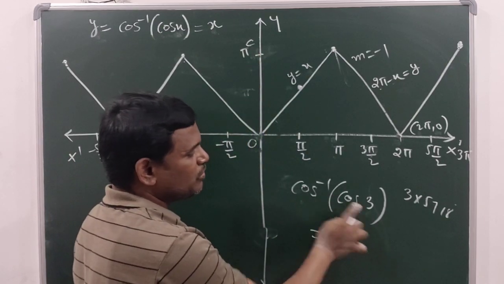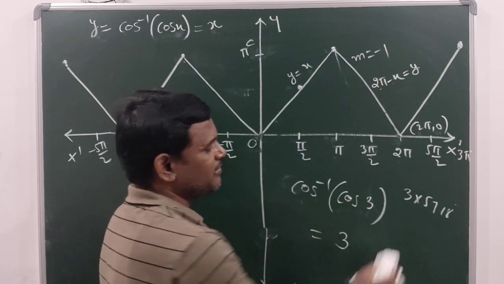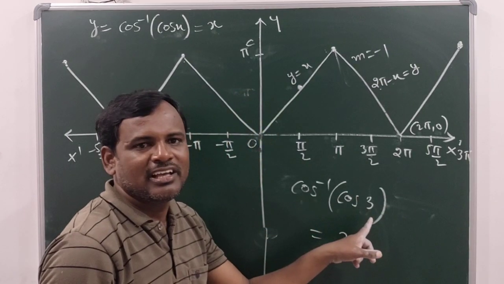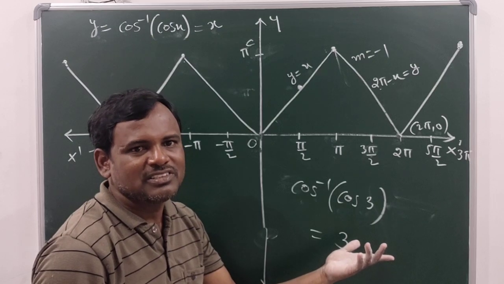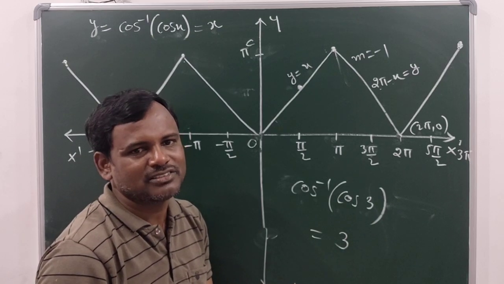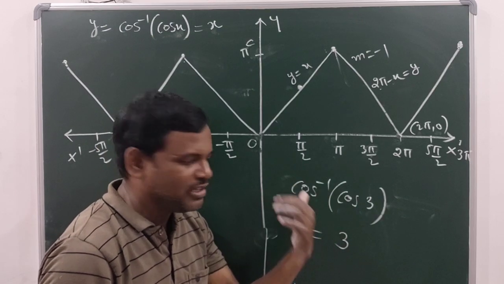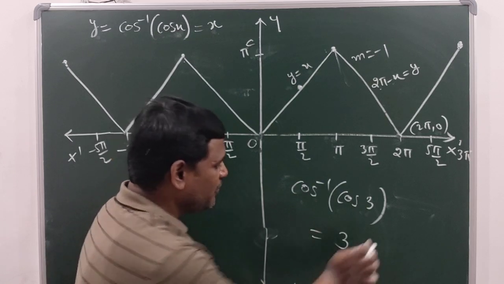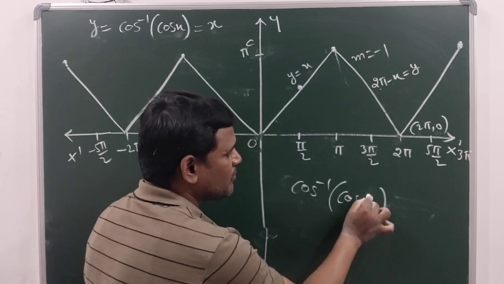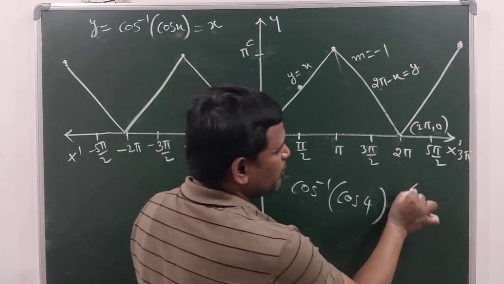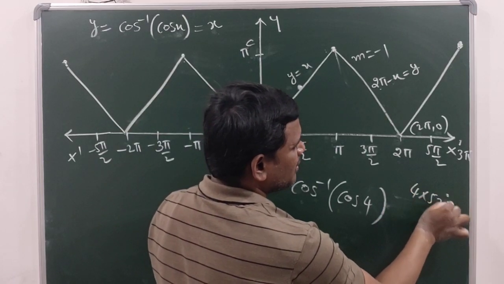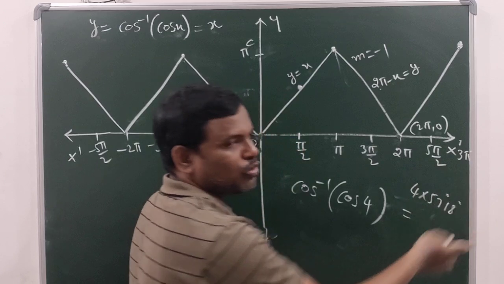Hence directly cos inverse of cos 3 is 3, you can write. Because 3 radians means 3 into 57 degrees 18 minutes, which is below 180 only. But if it is given as 4 radians, 4 into 57 degrees 18 minutes is more than 200.